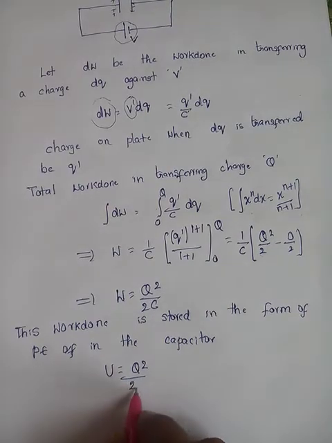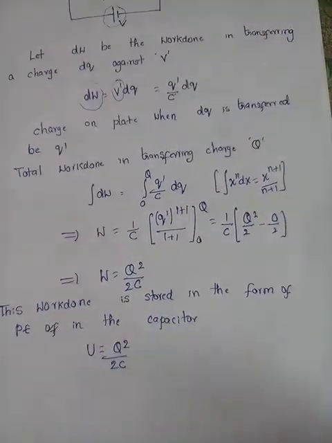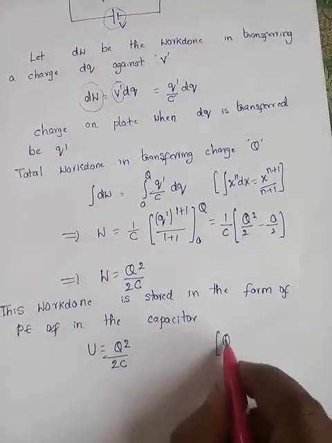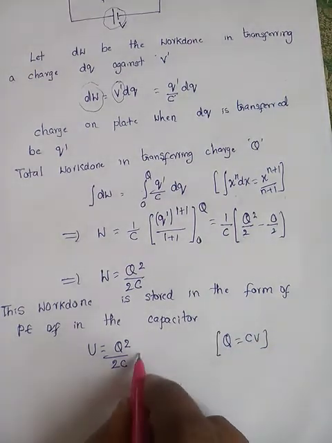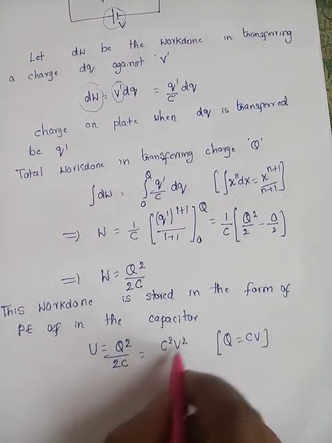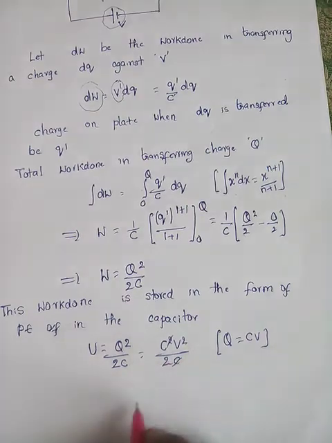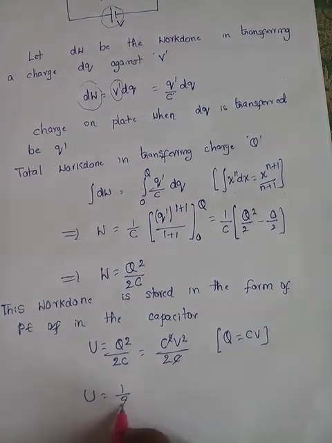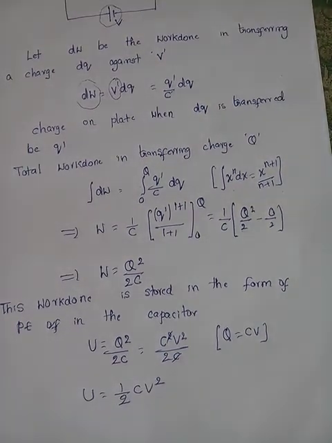This work done is stored in the form of potential energy. There are different forms of potential energy. How? Q is equal to cv, right? Then c square v square by 2c, c cancels, so U is equal to half cv square.